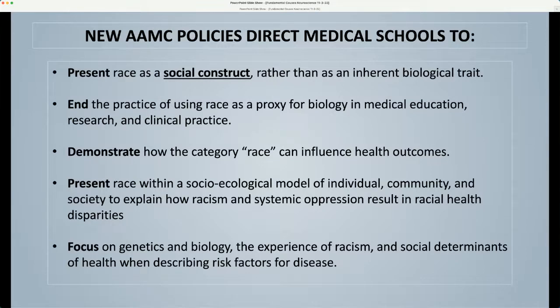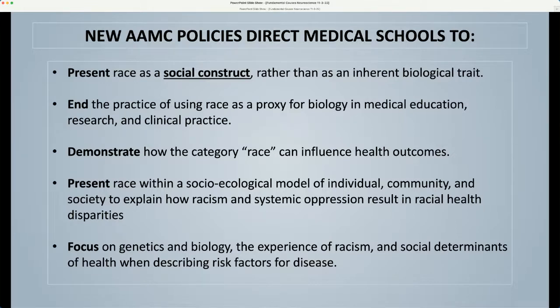It exposes and illustrates the links between historical and contemporary social injustices in the U.S. and negative health outcomes to identify and introduce the social historical knowledge and structural competencies medical professionals need to dismantle institutional racism in healthcare.